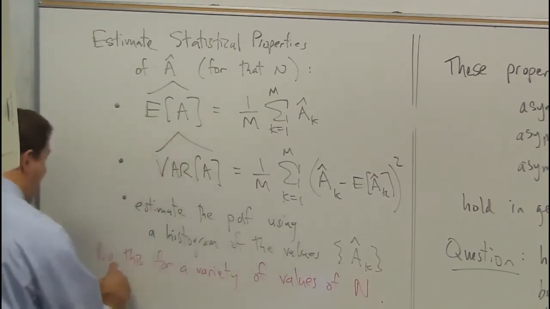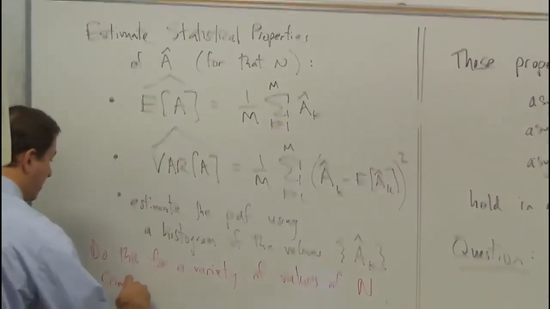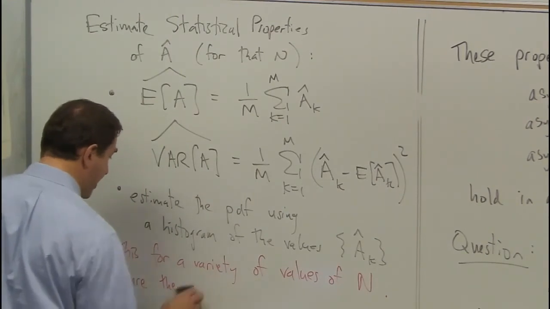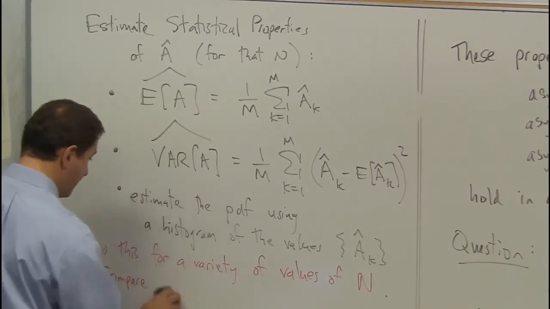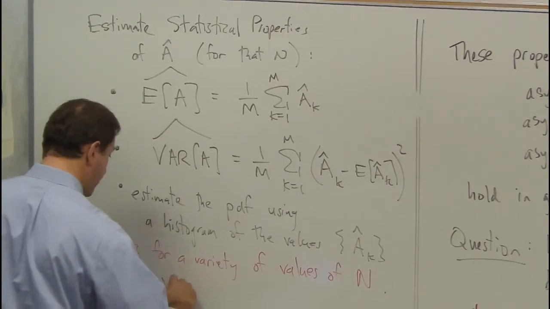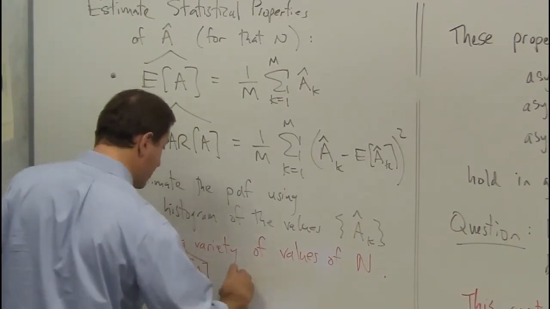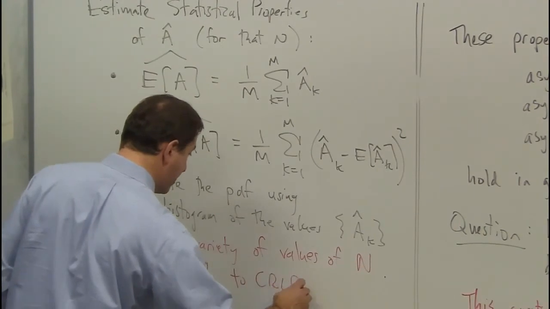And you can compare the achieved or the estimated variance to the Cramer-Rao lower bound.